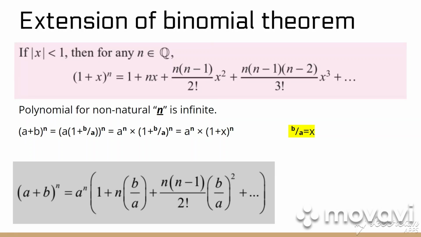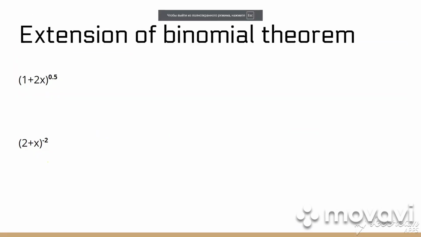But if n is not natural, we can only use this formula. And as you can see, it's just the same formula as in the previous part, but with a to the power of n outside of the brackets. And similar to before, let's do practice problems again for a better understanding of the concept.